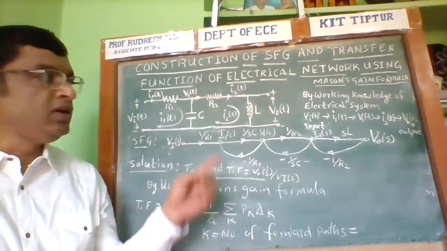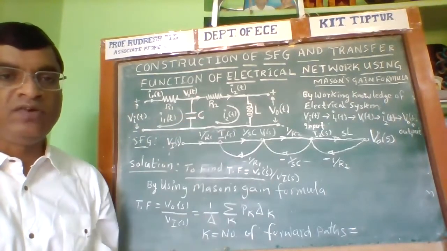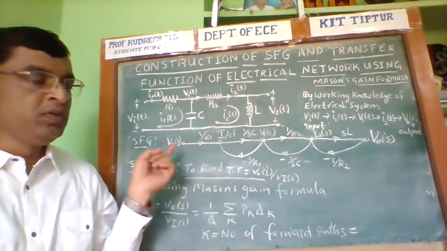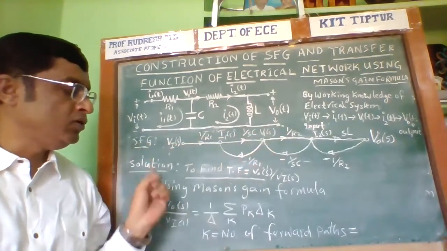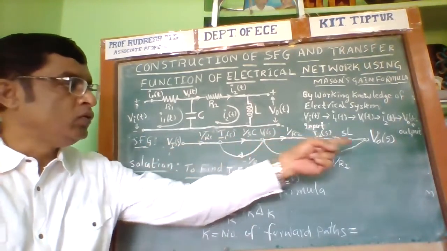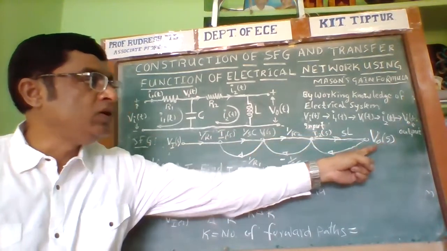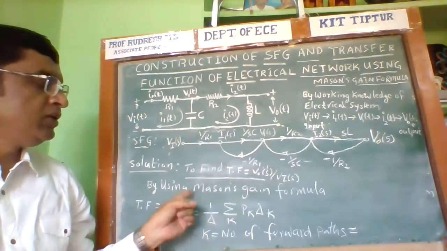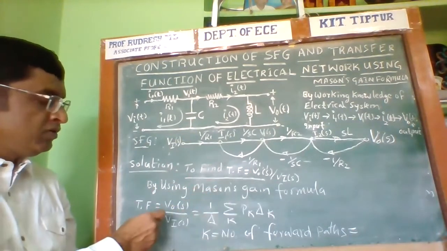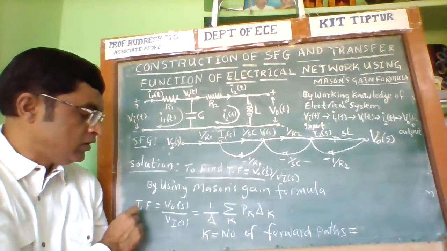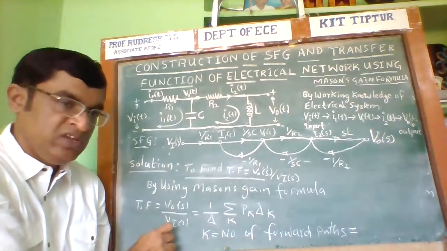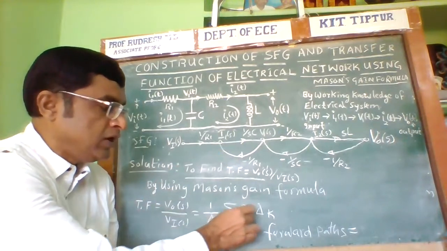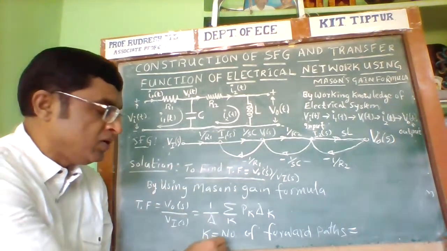Once we draw the signal flow graph for the given electrical network, how do we calculate the overall gain? The overall gain can be calculated by using Mason's gain formula. The overall gain or transfer function is equal to V0 of S divided by V of S. Mason's gain formula states that the transfer function V0 of S divided by V of S is equal to 1 over delta, the sum of Pk into delta K. Now, what is K?